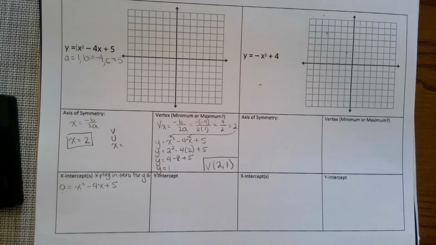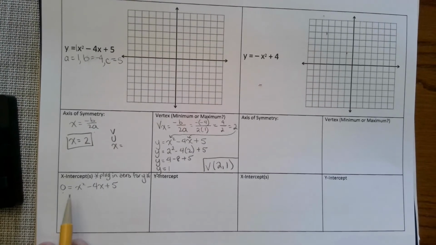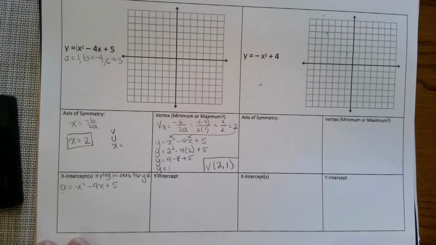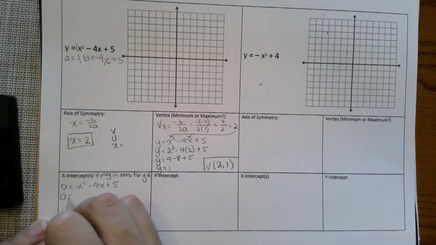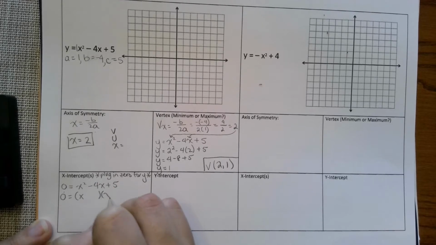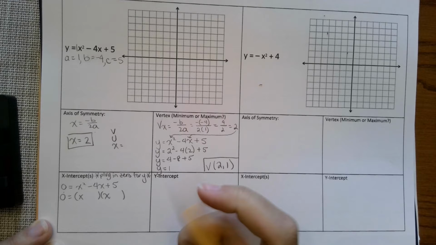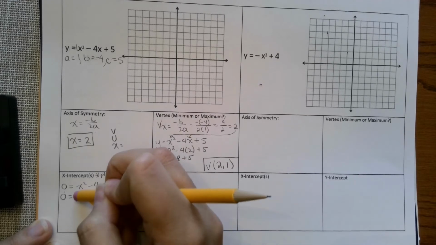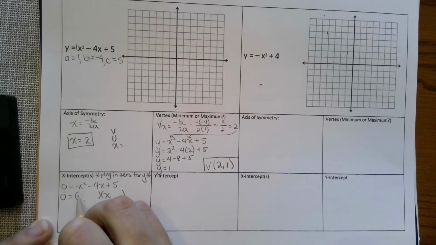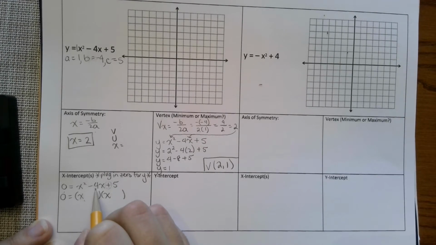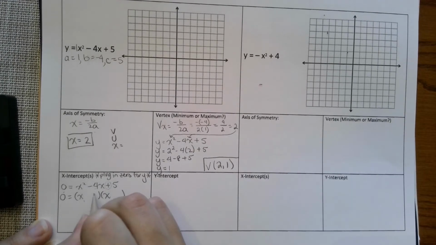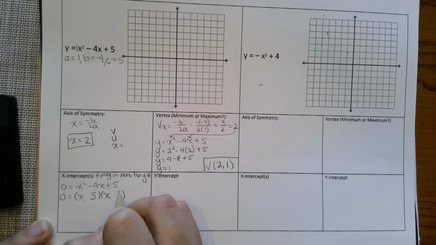Okay, so this should remind you of the zero product property. We are going to factor, if we can, set each factor equal to 0 and solve. So I know x times x is x squared. And I'm looking for two numbers that multiply to give me 5 and have a sum of negative 4. The only numbers that multiply to give me 5 are 5 and 1.